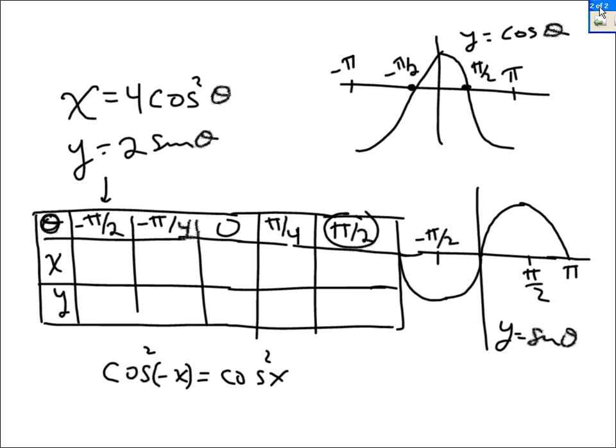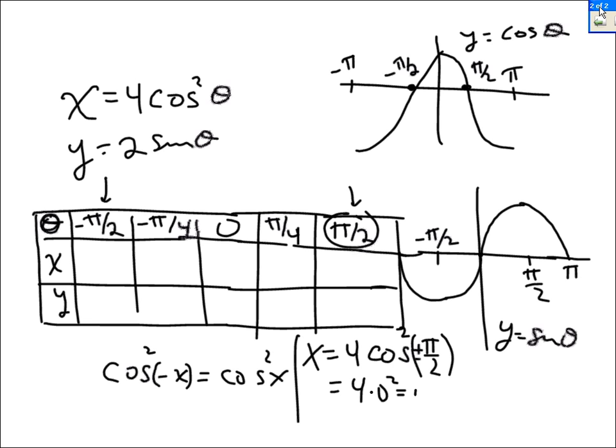That is, when I find the answer to 4 times cosine of negative pi over 2 squared, I have the answer for positive pi over 2 as well. The cosine of plus or minus pi over 2 is 0. It's 4 times 0 squared, which is 0. So x is 0 for those two.